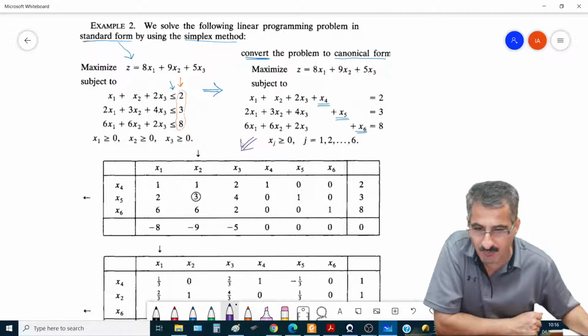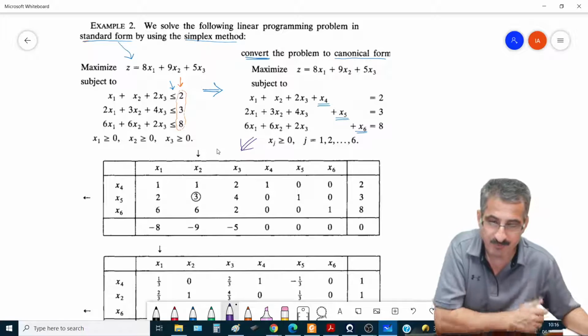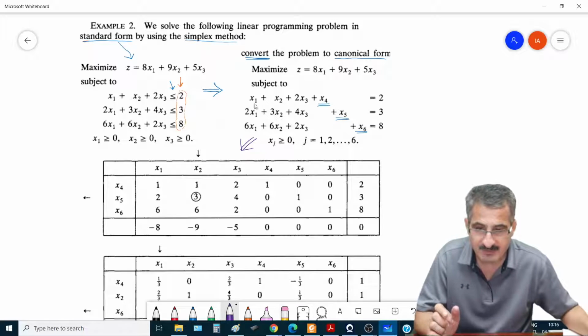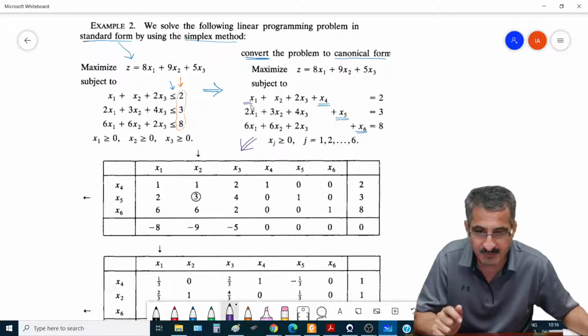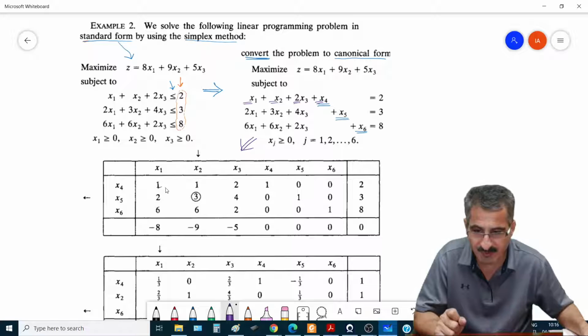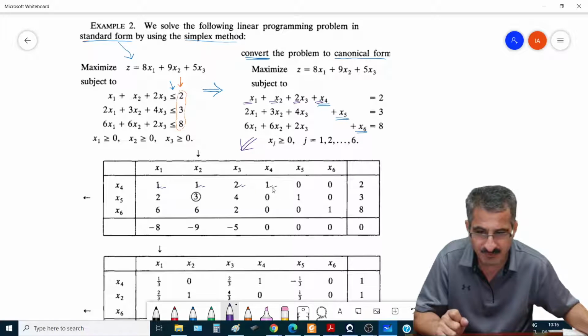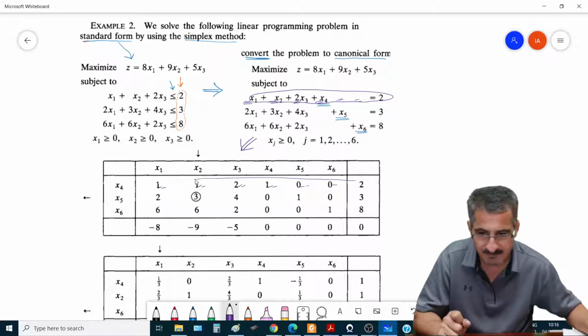Now we introduce the slack variables, and then we form the following table. This is 1x1, 1x2, 2x3, 1x4, and 0 for x5, 0 for x6. So this is the coefficient of the first row.